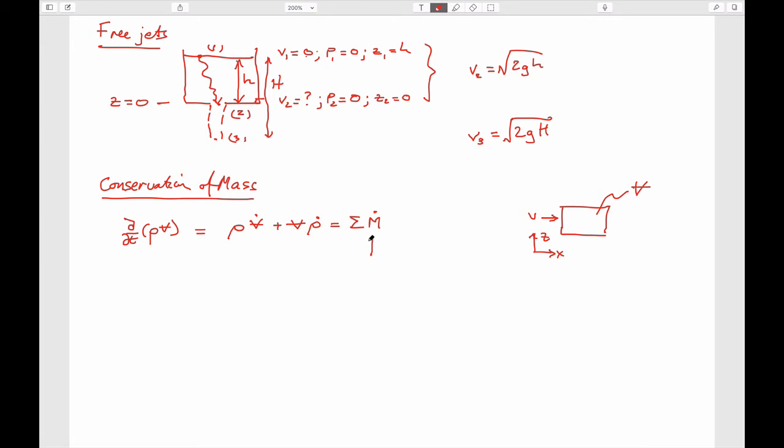Mass flow rates are equal to velocity normal to the boundary times an area times a density.